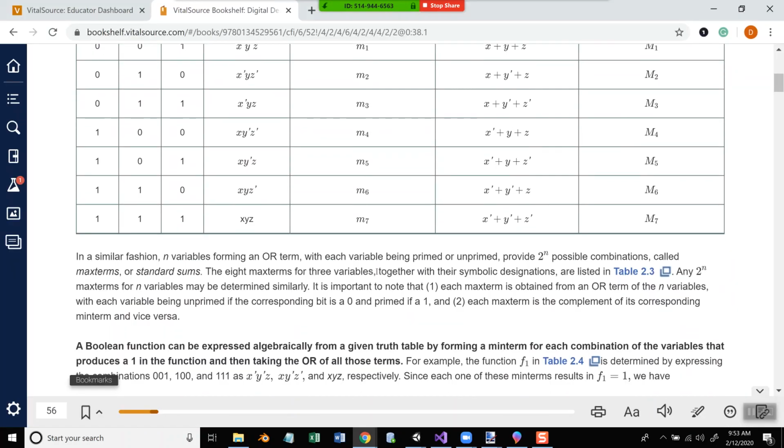Okay, in similar fashion, variables forming an OR term are a maxterm. Nothing exciting there. Each maxterm is a complement of its corresponding minterm, and vice versa.